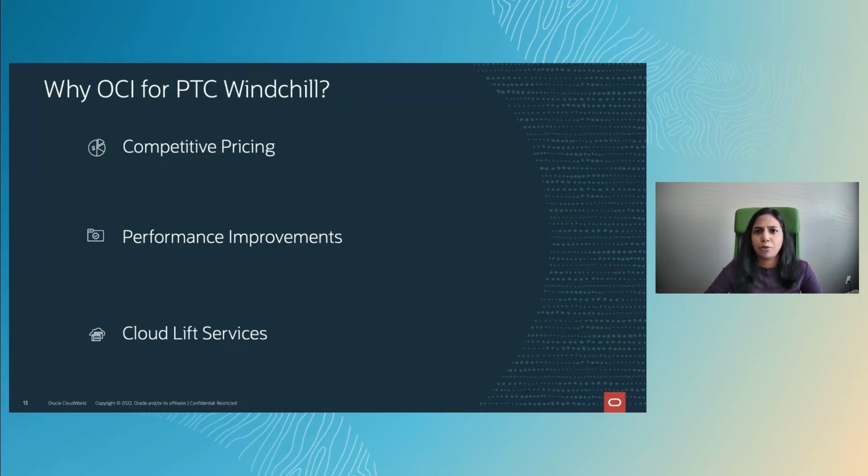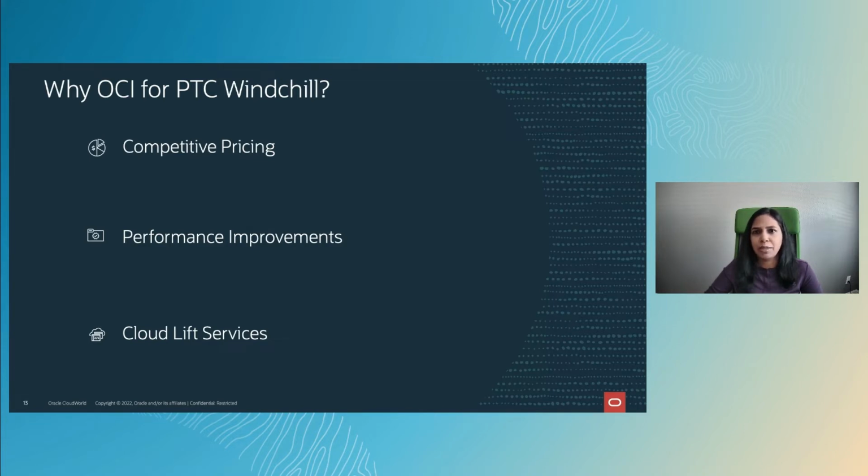Why OCI for PTC Windchill? We talked about some OCI benefits, but some of the main governing reasons here are cost optimizations. There are not many surprises. There is higher cost performance for compute instances, better storage performance, as well as a network that is fast, reliable, and inexpensive.